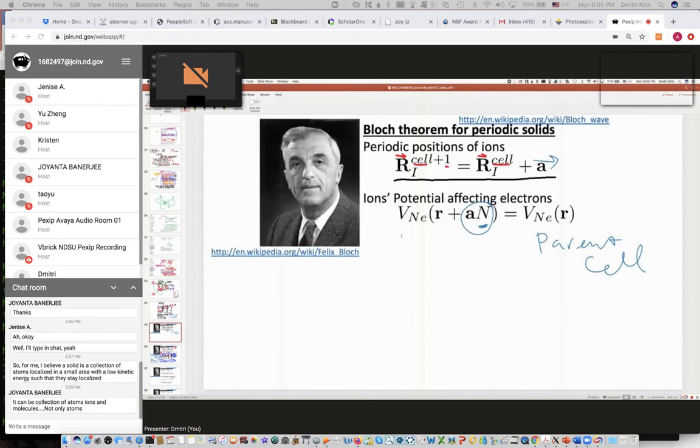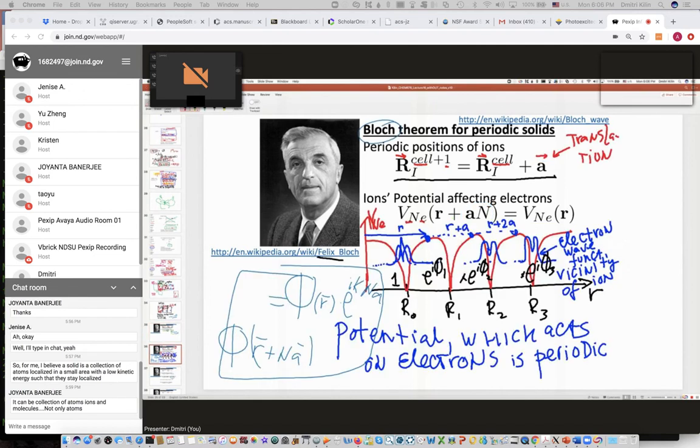And now, if we quickly accept this definition of a solid, we may set up that the potential acting on the electrons in the solid is the same as the potential in the unit cell, but in the replica it is the same function, shifted in respect to the potential in the original cell. So these red lines here correspond to the periodic potential.